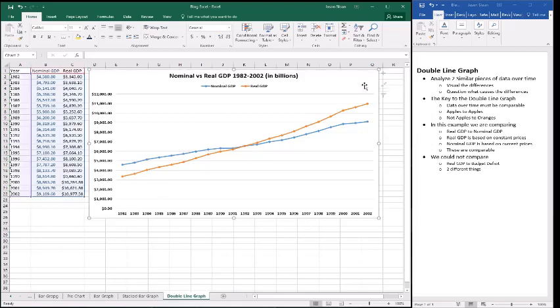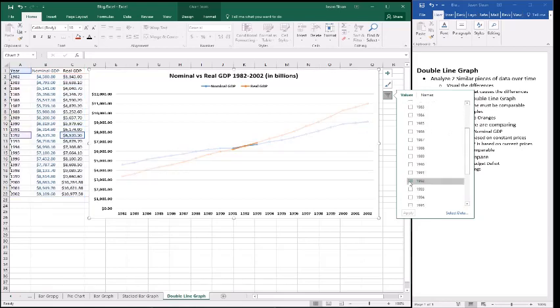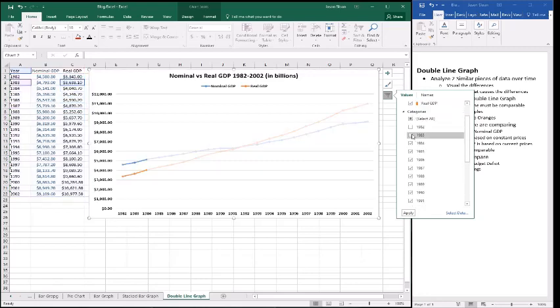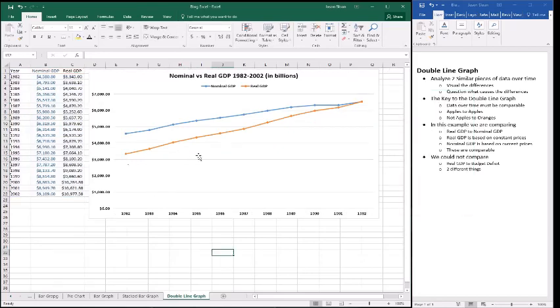Now, one of the cool things that I love doing is we can come in here to this filter, and we can uncheck everything, and we can start with 1992, which is the base year for real GDP, and we can work backwards and pull that up. Now, when we look at this, here's what this is going to tell us. You'll notice that right here in 1982, so 4.5 billion and then 3.3 billion.